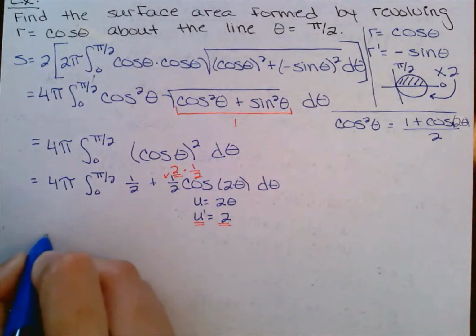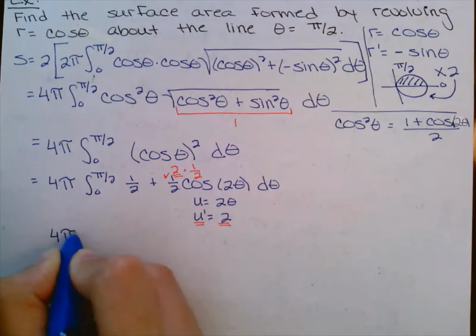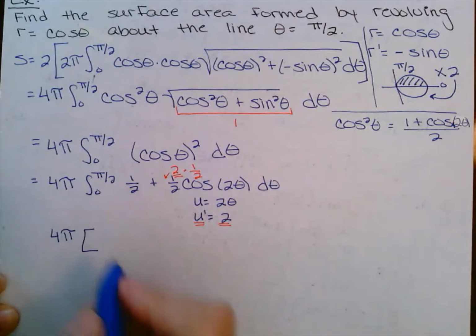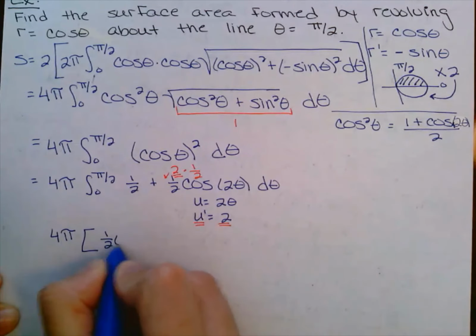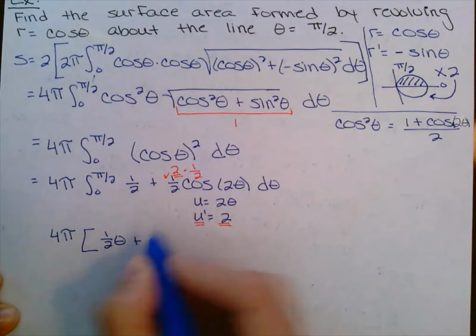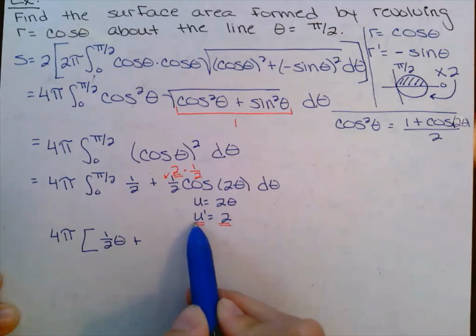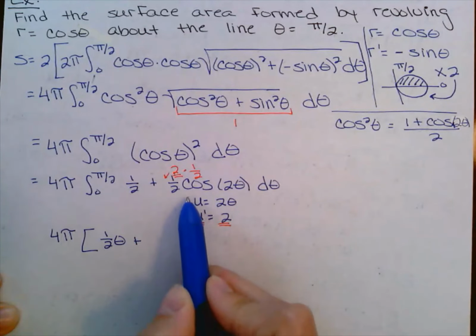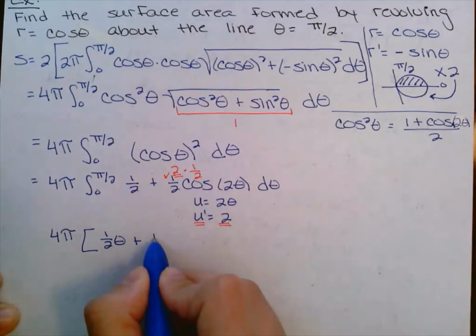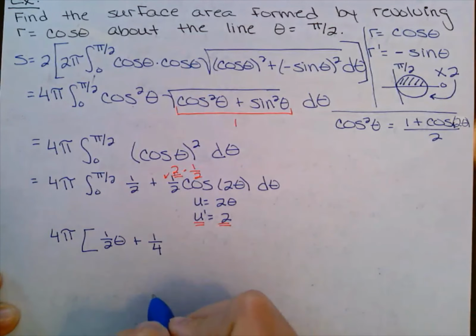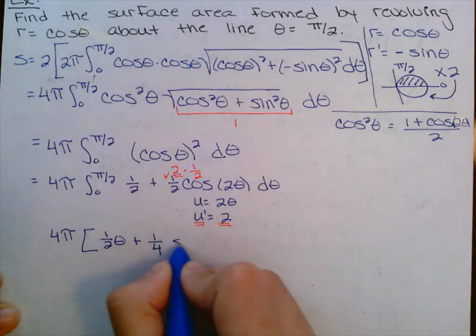But when I go to do my antiderivative, I'm going to have 4 pi. Antiderivative of half is going to be half theta. Plus, we said the 2 disappears with the du. And then I'm going to be left with this half and this half, which make 1/4. Antiderivative of cosine is a sine.